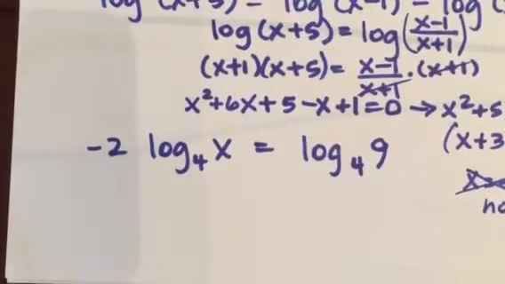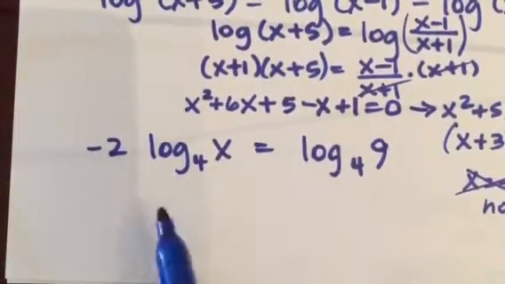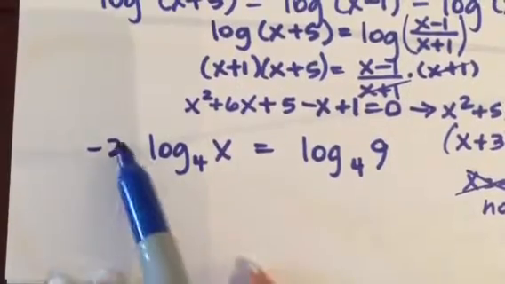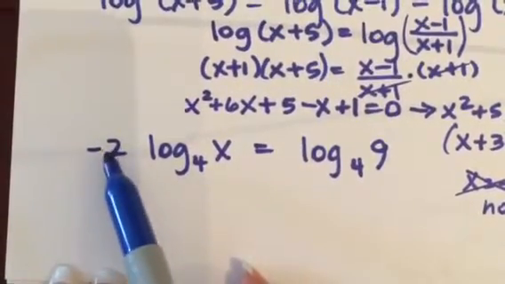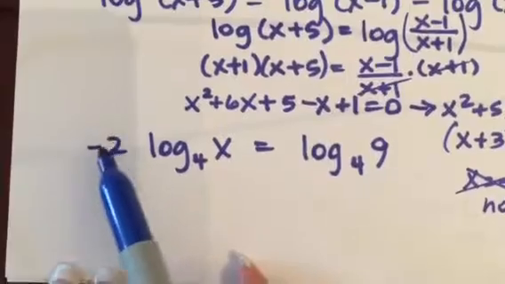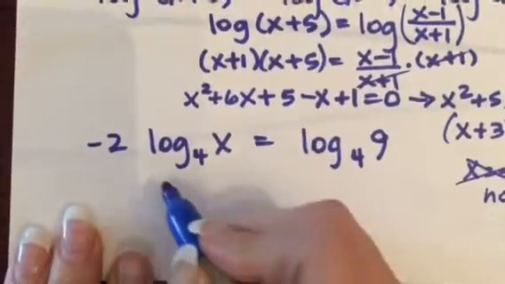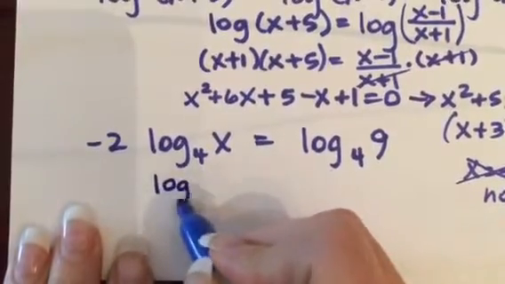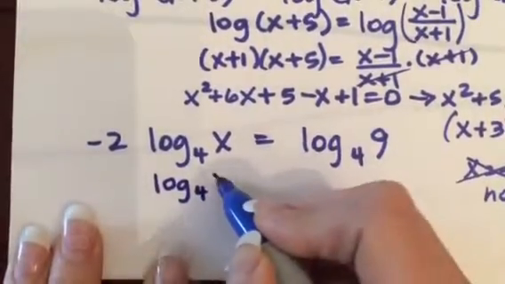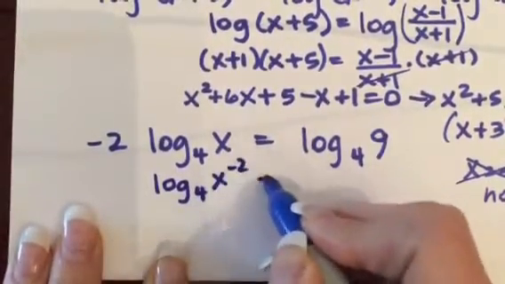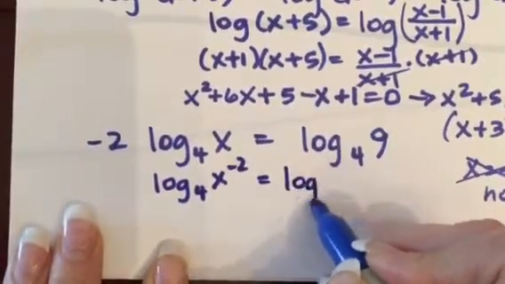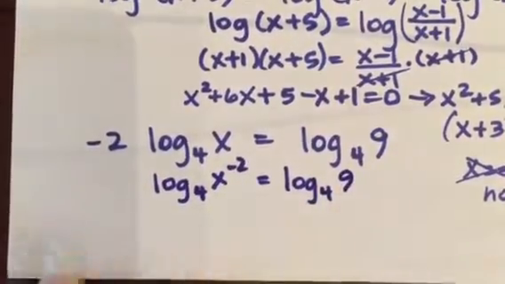All right, so we want our logs to look like they're equal to each other. So let's remember what we can do with this negative 2 that's acting as a coefficient now. We can actually put it and let it act as a power. So let's take that and move it. Log base 4 of x to the negative 2 is equal to log base 4 of 9. All right, now I have two logs.